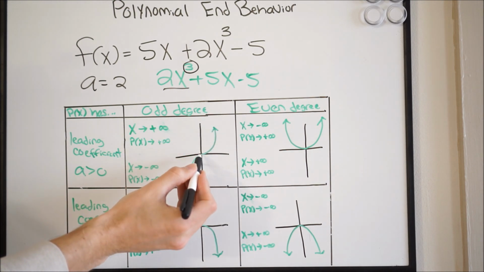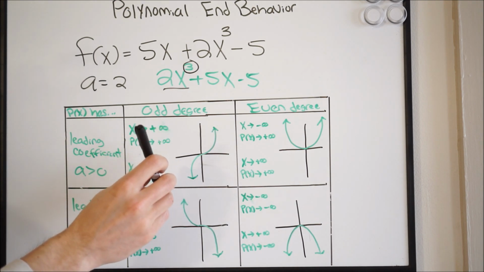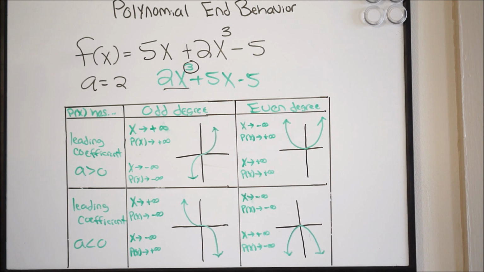And as x approaches negative infinity, the function approaches negative infinity. And so that is polynomial end behavior. In the beginning, you're most likely going to need to use this table, but as you become more familiar with end behavior, this is something you will probably memorize.